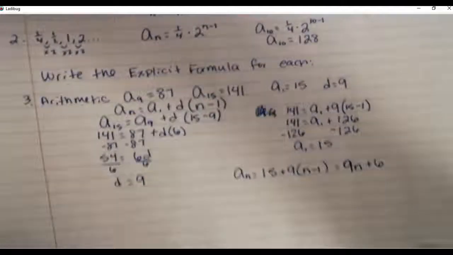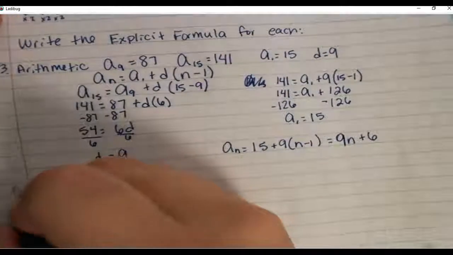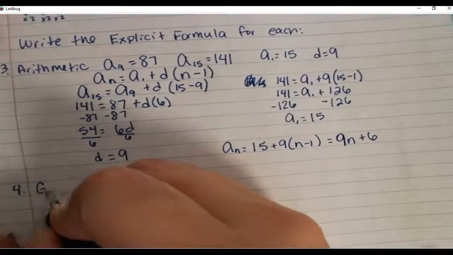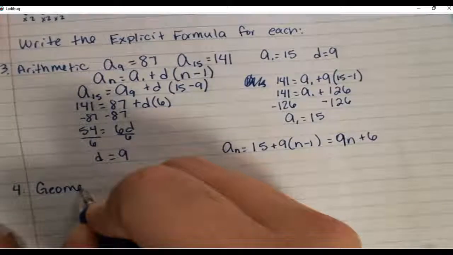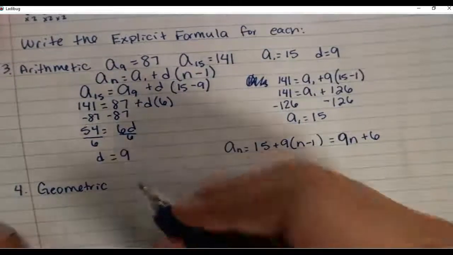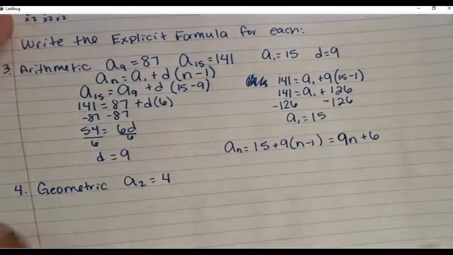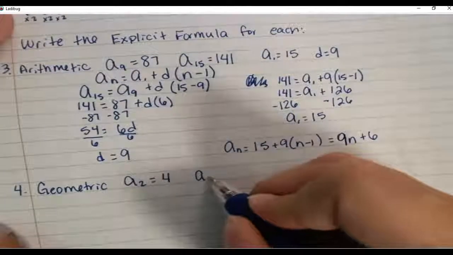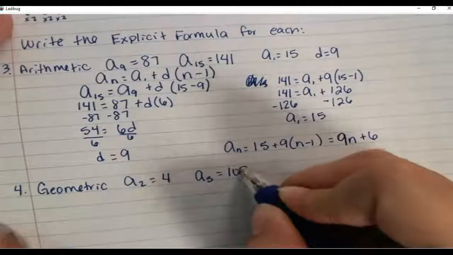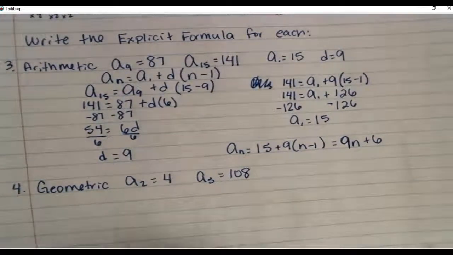Alright, let's do one where it's geometric, and then I'll let y'all try some. So let's say it's geometric, and we know that A sub 2 is 4, and A sub 5 is 108. So our second term is 4, our fifth term is 108.